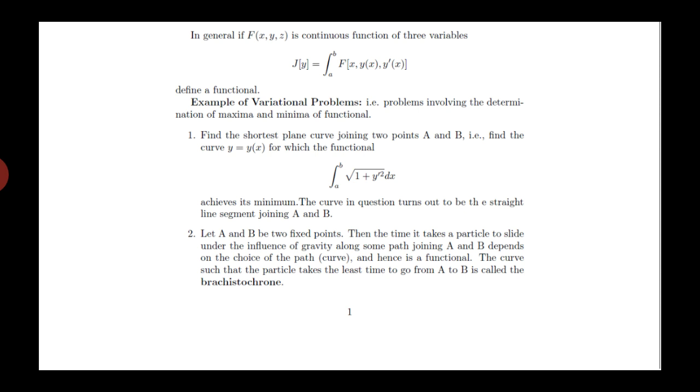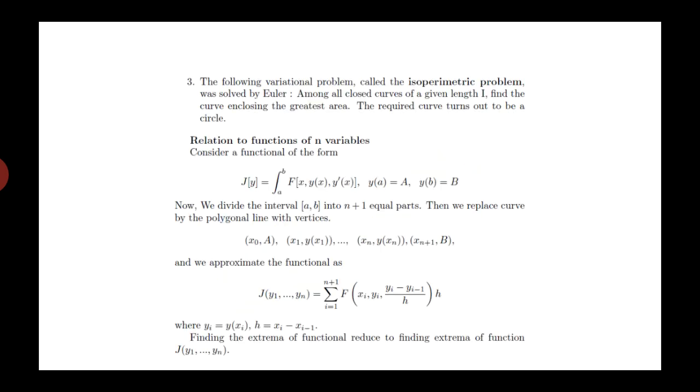The problem was solved by John Bernoulli, James Bernoulli, Newton, and L'Hospital. The brachistochrone turned out to be a cycloid lying in a vertical plane and passing through A and B. So the solution for the brachistochrone problem turns out to be a cycloid.